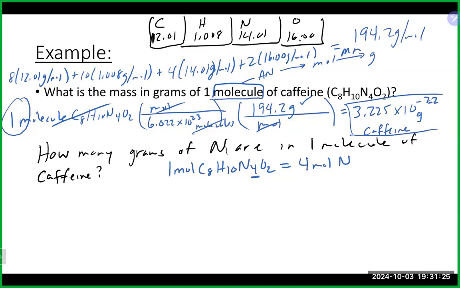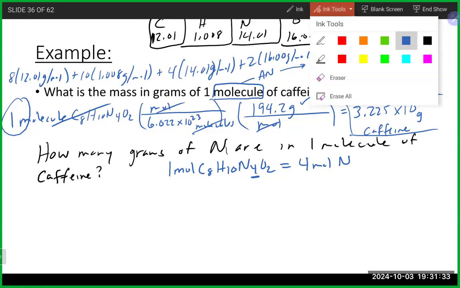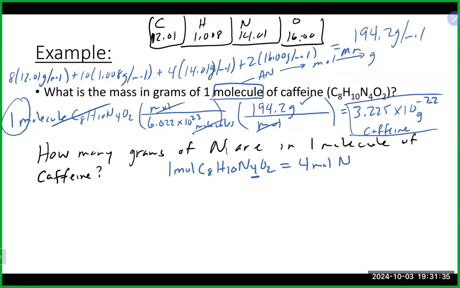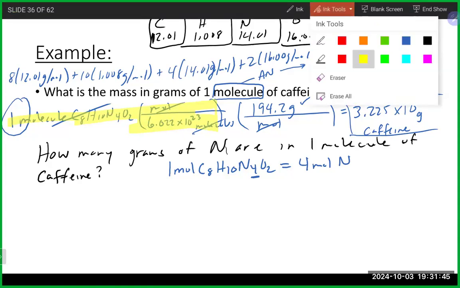Again, before we can really use that, we do have to get it into moles. So that really is the first part of the calculation we did above. We could use Avogadro's number there to basically get it into moles. And at that point, we could use that relationship to get it to just nitrogen.